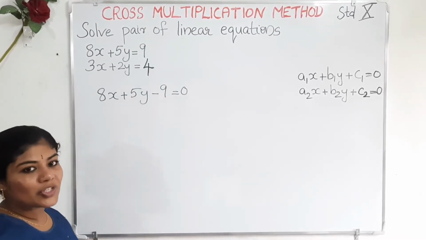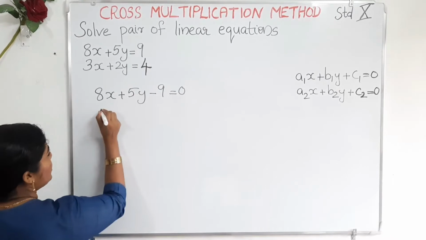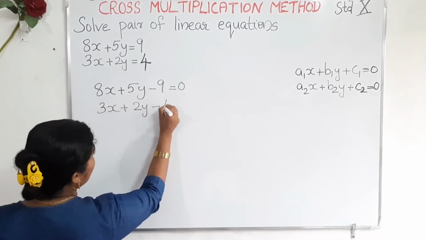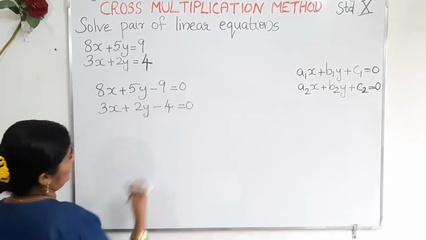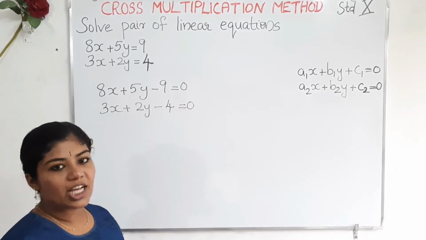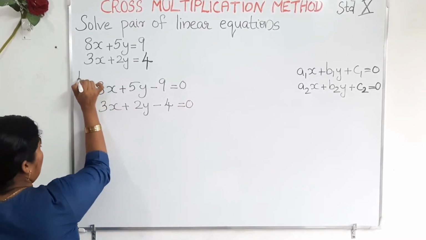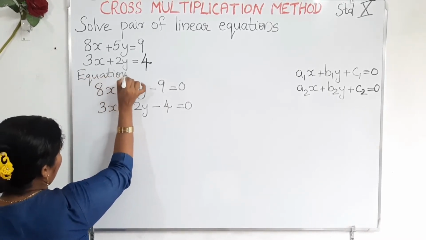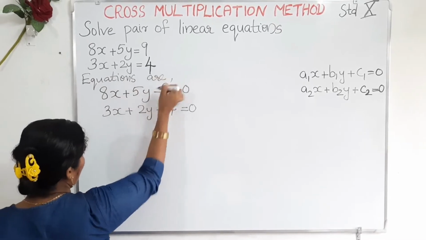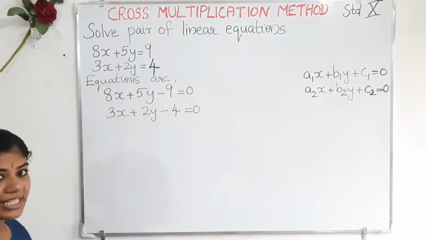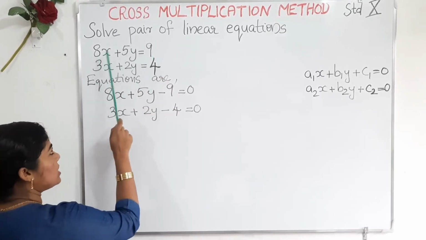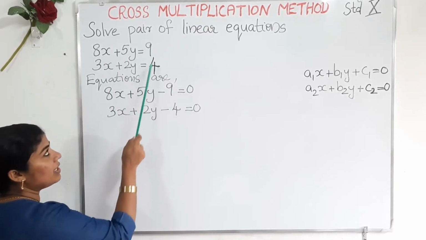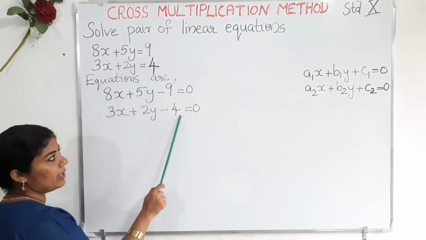The second one let's also change like that: 3x plus 2y minus 4 equal to 0. So our equations are 8x plus 5y minus 9 equal to 0, and 3x plus 2y, with this 4 moved to the left side, minus 4 equal to 0.